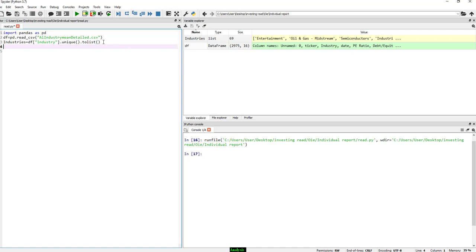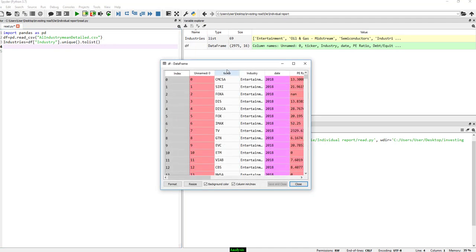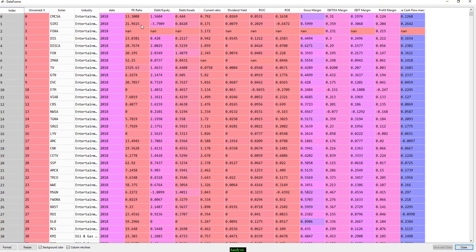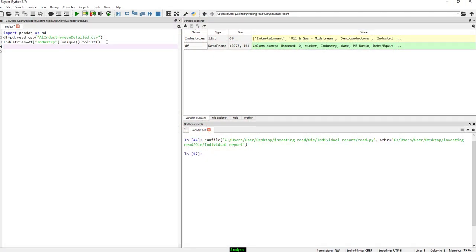Out of this, we create a pivot table to give us the average value of each industry. I'll set it as a data frame, and call it ds.